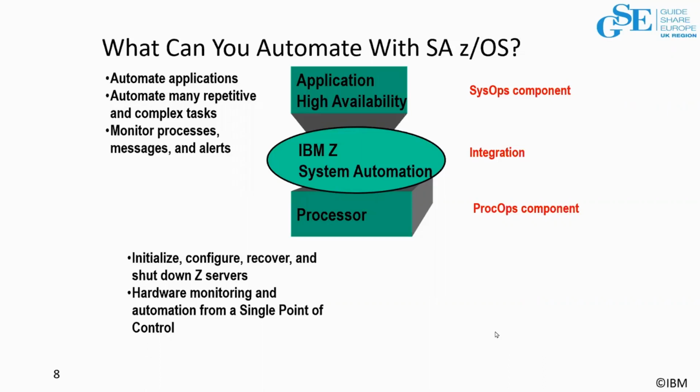So SysOps automates your applications. It can automate repetitive and complex tasks. It can monitor processes and messages and alerts to make sure everything's doing what it should be doing. With processor operations, it can bring up your Z servers, shut them down, recover them, and it gives you your hardware monitoring and automation, and it's from a single point of control.